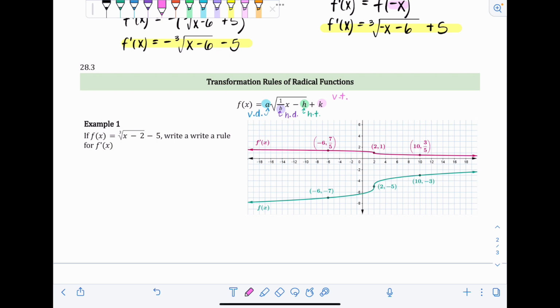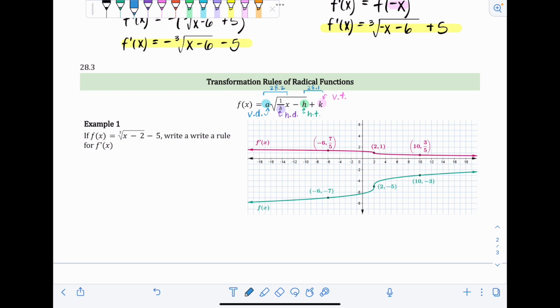So if we're shifting up or down. And for more details on those variables, they were given throughout these notes. So H and K were from the first half of the notes, 28.1. And then A and B were from the second part, 28.2.